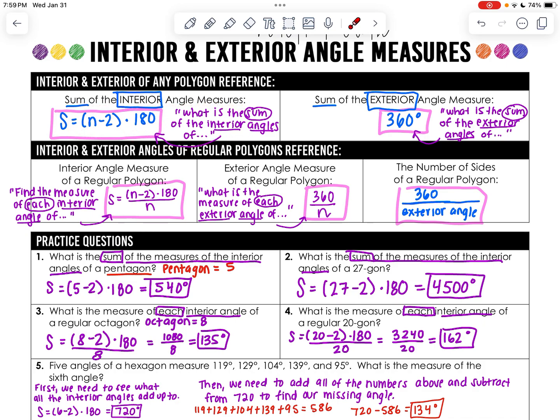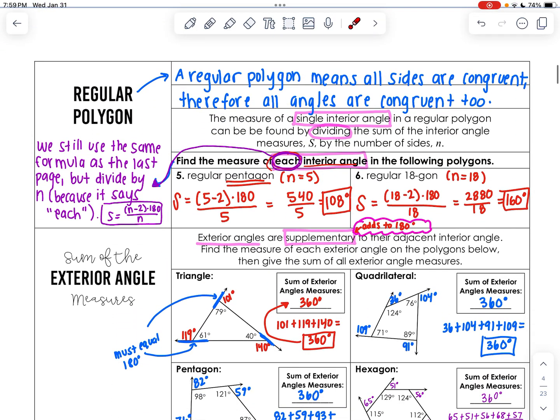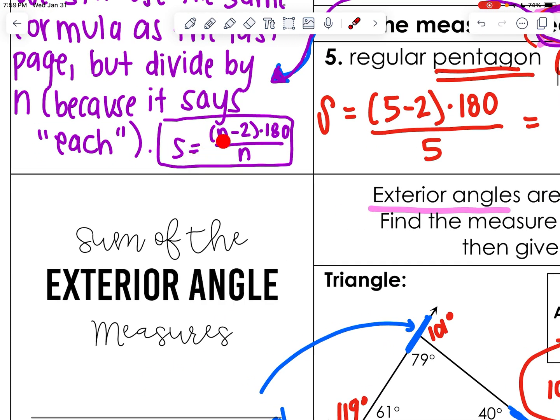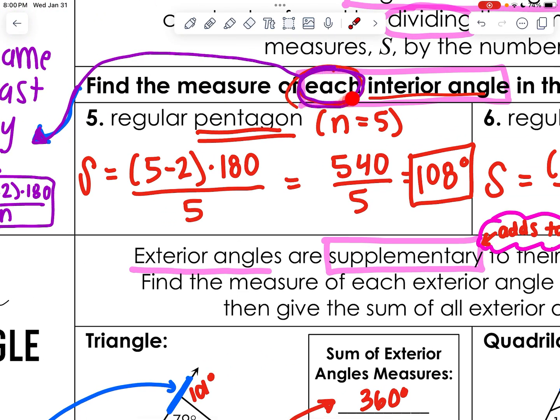sum of interior angles. Okay, if you're finding the measure of each, we use the same formula, which is this, S equals n minus 2 times 180, but you're dividing it by n again. So sorry, you guys. If it says each and it's still interior, you're going to use S equals, and you're going to plug in 5 because the pentagon is 5.